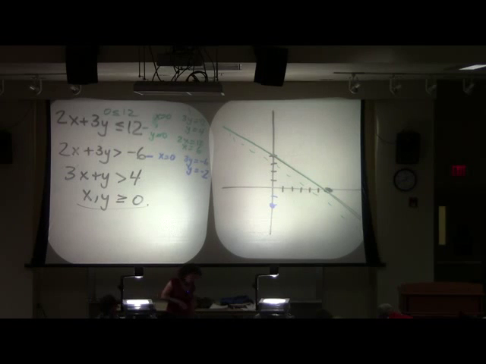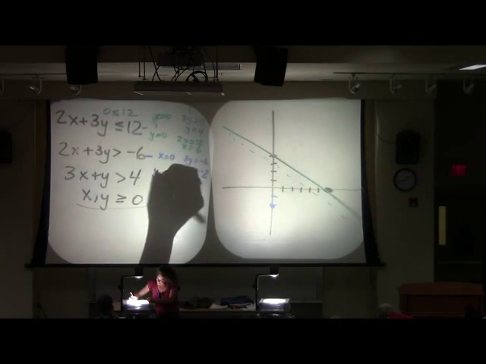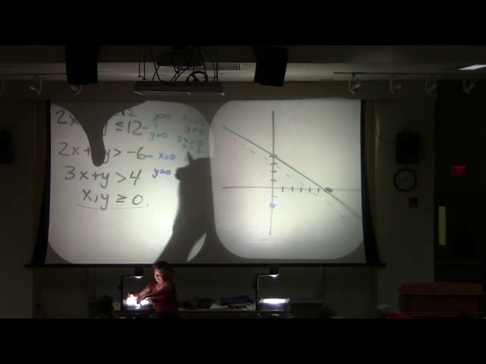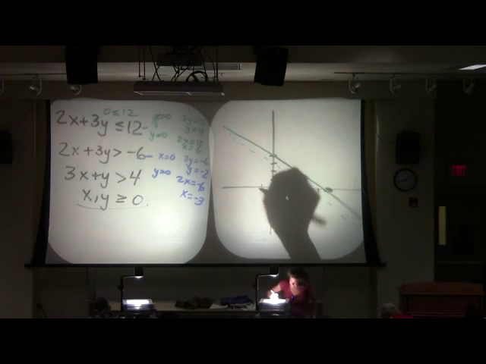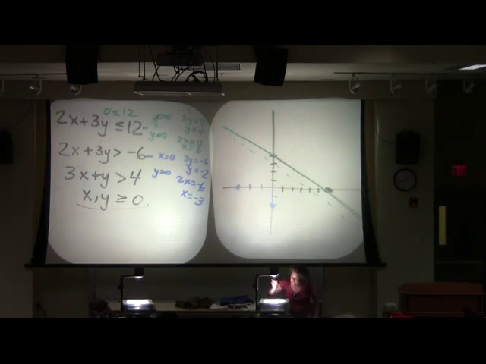All right. If I set y equal to 0, aren't I solving 2x is negative 6? So x is negative 3. Am I going to connect these points with a solid or a dashed line? Dashed.